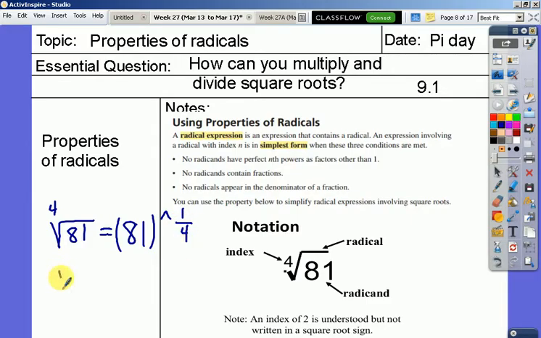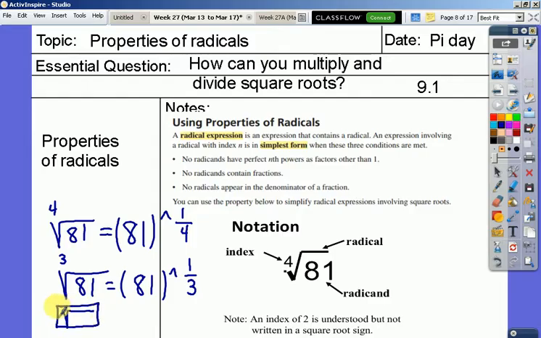If you want to take it cube rooted, you can take it to the 1/3 power, etc. If you want to take the square root, then of course you can take it to the 1/2 power or just hit your square root button. And then there's also this little button on your calculator that allows you to indicate what type of root you want to input for your index.